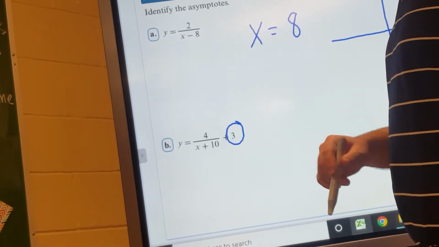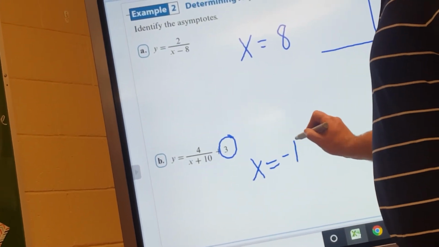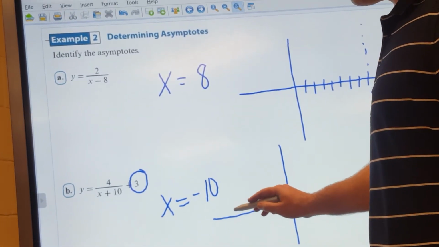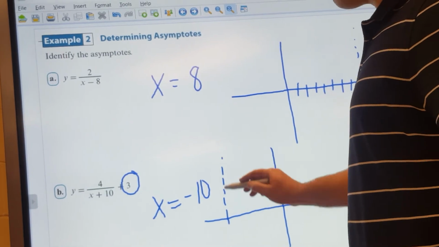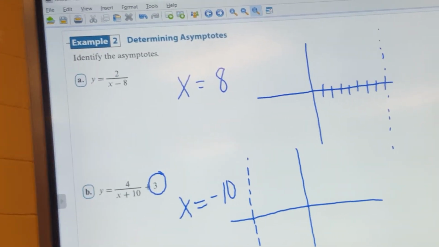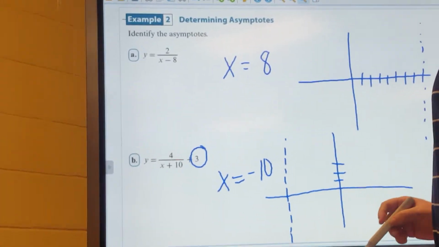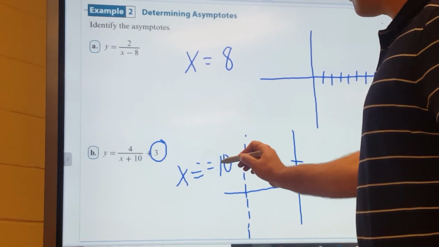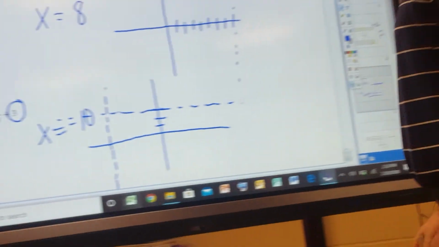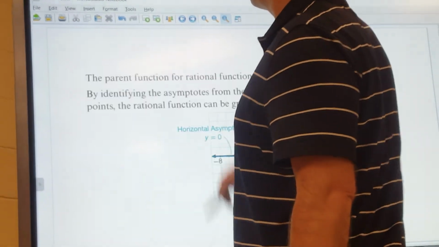And we look at what value makes the denominator 0, and that's x equals negative 10. If we went all the way over to negative 10, there would be a vertical asymptote, meaning the graph's going to get real close to it but not touch. And then at 3 we've got a horizontal asymptote, which goes this way, and the graph would go close to that horizontal asymptote but never touch.